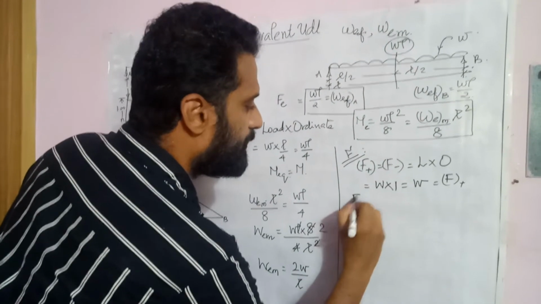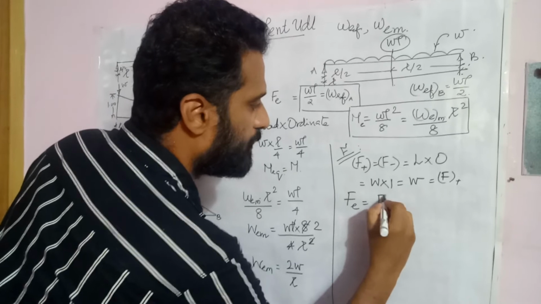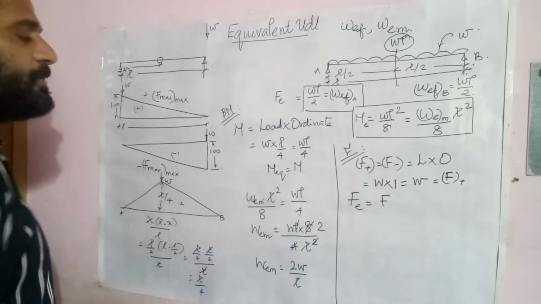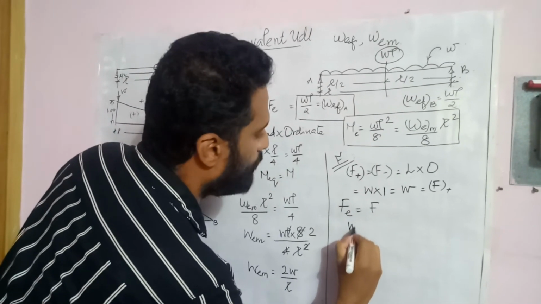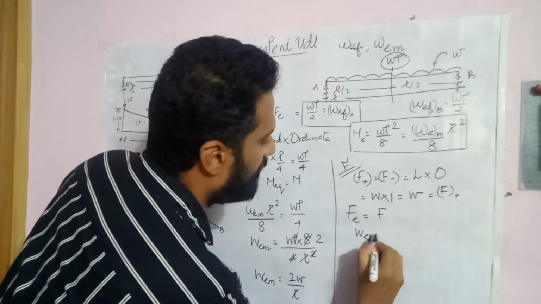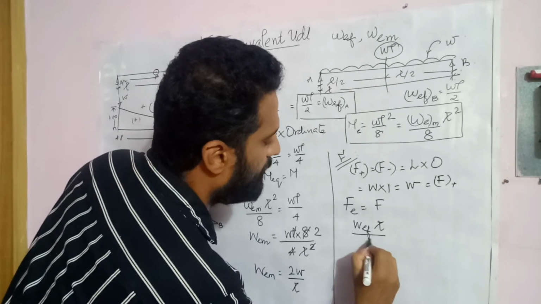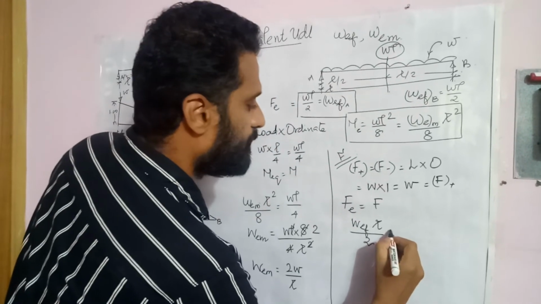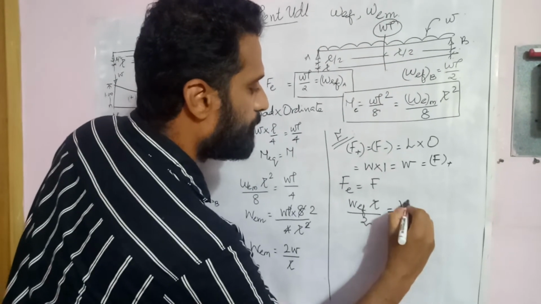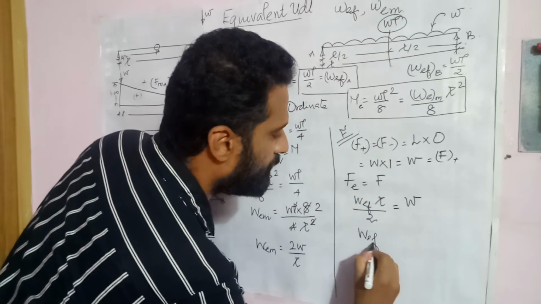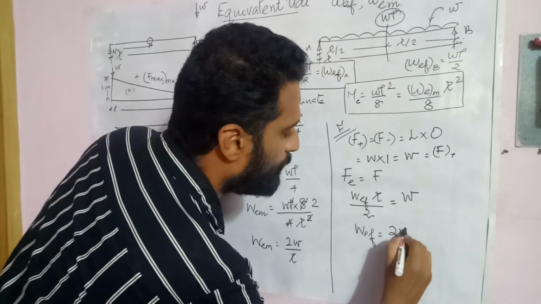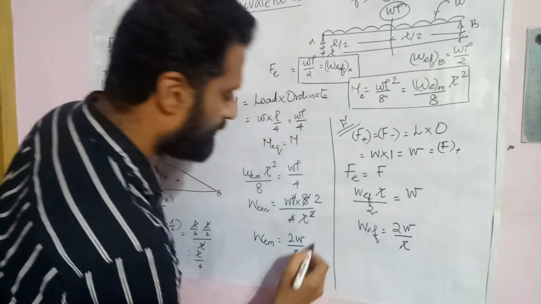Now equate the equivalent shear force to the absolute maximum shear force. So the equivalent shear force is WEF into L by 2, which is equal to W. So what will be the WEF? It is 2W by L, which will be the same.